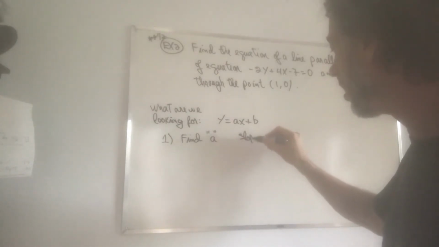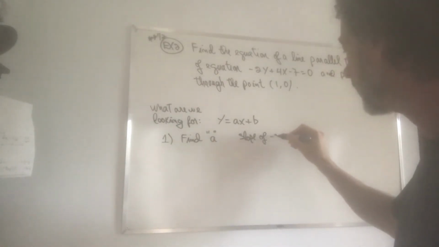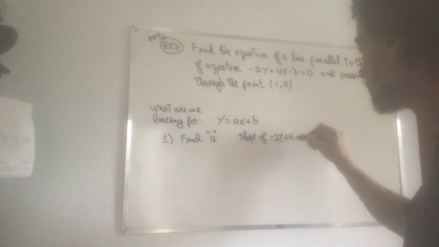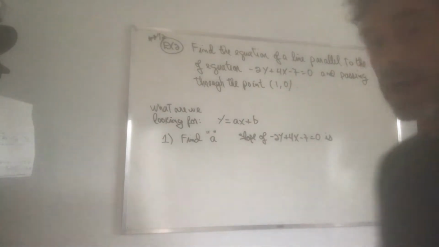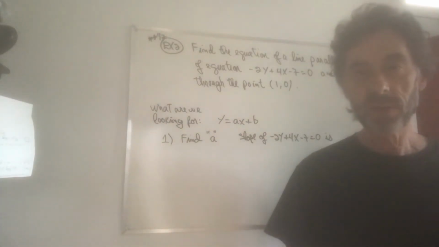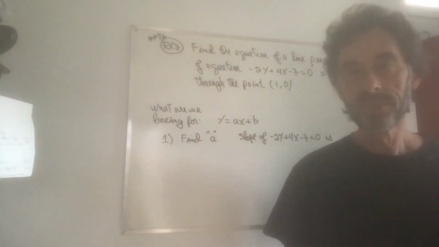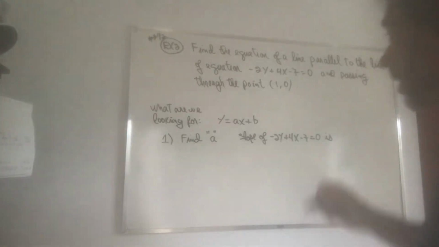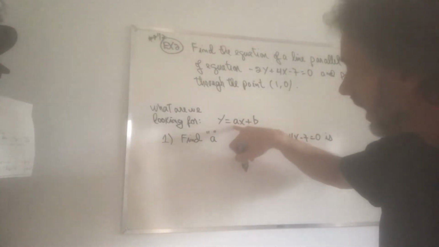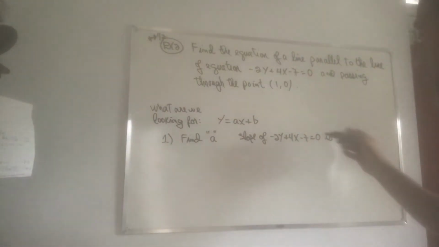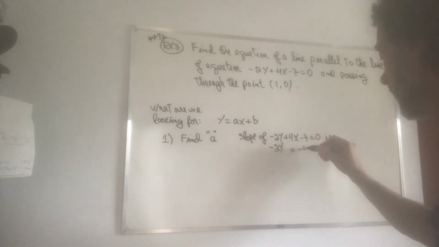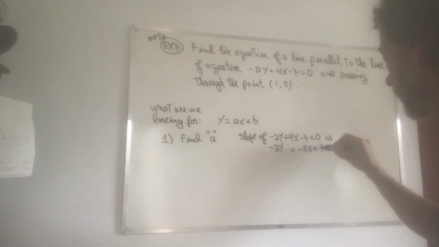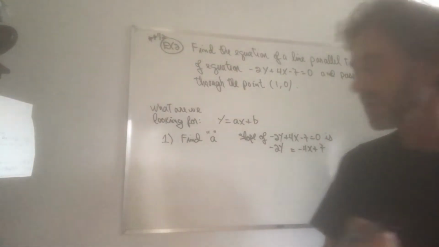The slope of minus 2y plus 4x minus 7 equal to 0 is, what do I need to do here to find the slope of that line? I need to isolate the y and put it into y equals ax plus b form. So minus 2y equals minus 4x plus 7, right? If you bring the 4x and the minus 7 to the other side, they will switch signs.